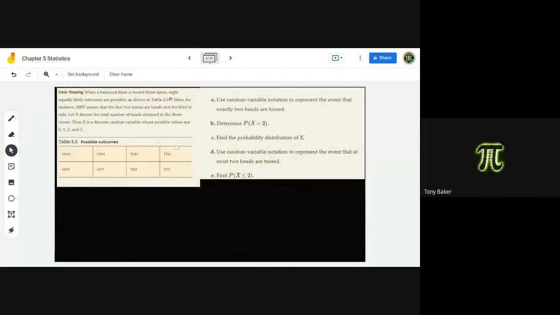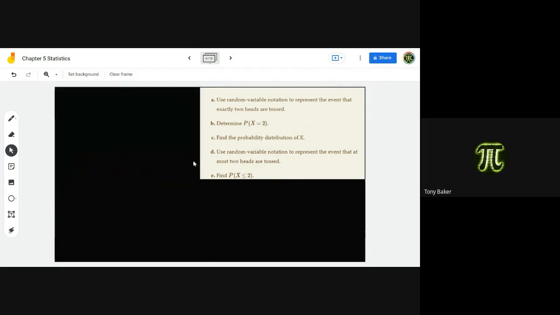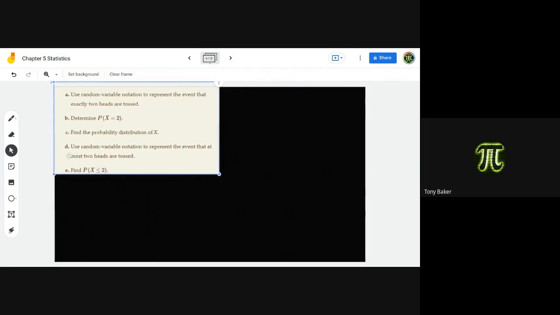All right. Now let's look at some, because I can actually draw that pretty easy. All right. So if I'm going to toss 3 coins, what are all the possible ways that I can toss 3 coins?